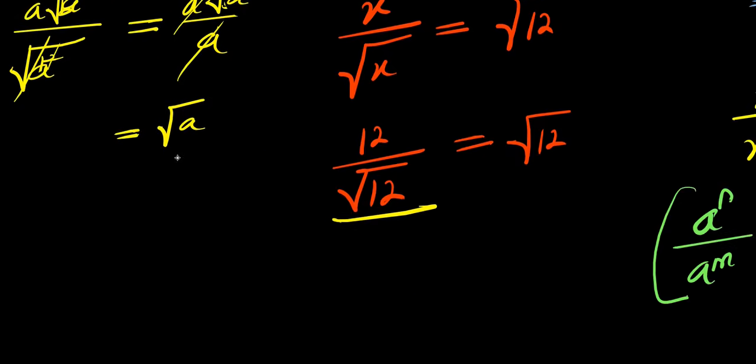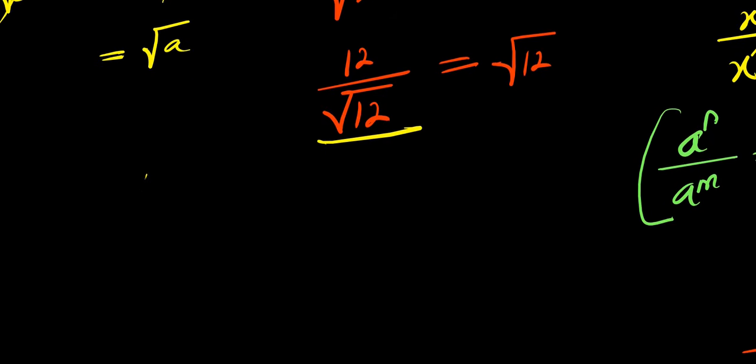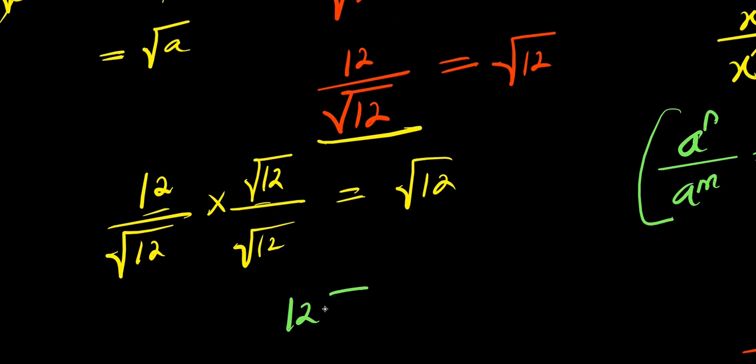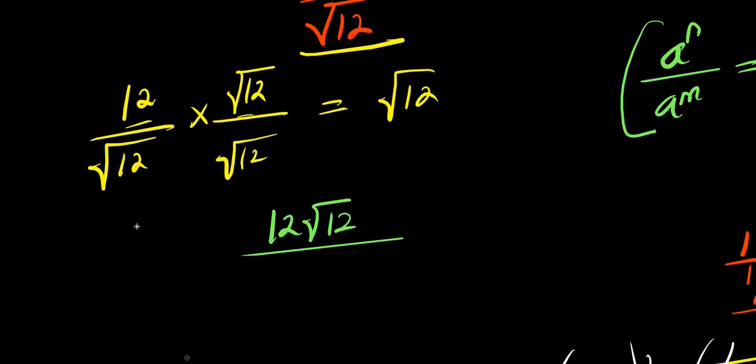So at this point, we will have 12 divided by square root of 12 times square root of 12 divided by square root of 12. And this equals square root of what? 12. Now, 12 times square root of 12 will give you 12 square root of 12 divided by, now, square root of 12 times square root of 12, we have square root of 12 times 12, that is 144.